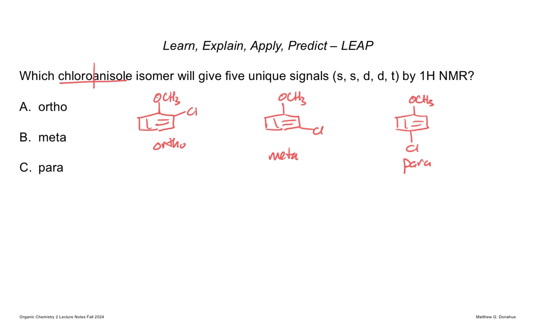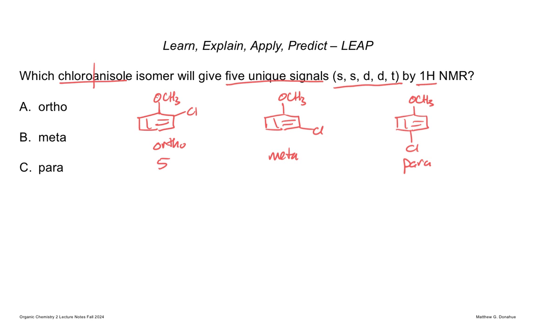And so the proton NMR says there's 5 unique signals. Let's just go ahead and count the unique sets first, see if we can do an elimination. And then we'll get into this piece of data we're given. So for the ortho, we're going to have 1, 2, 3, 4, 5.